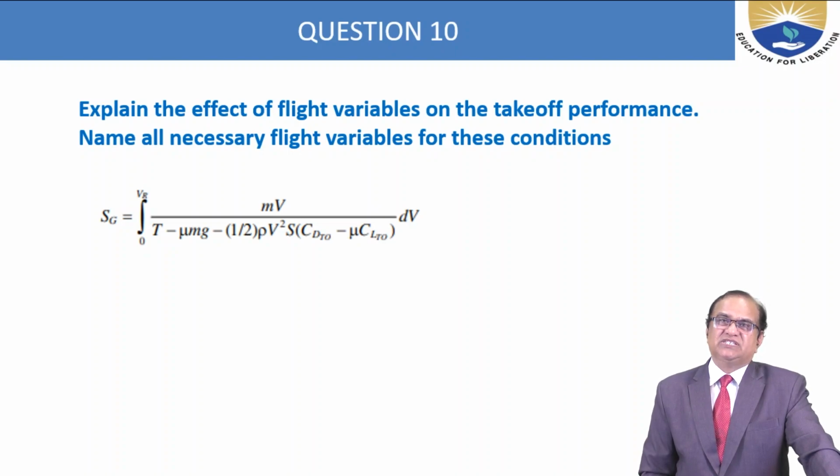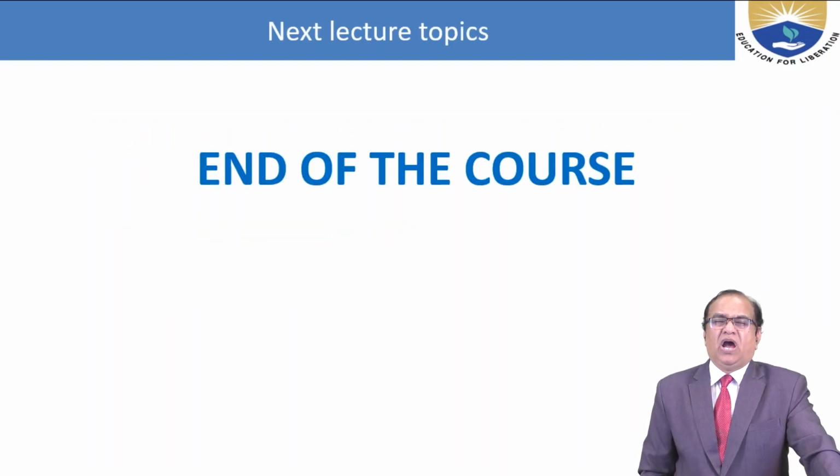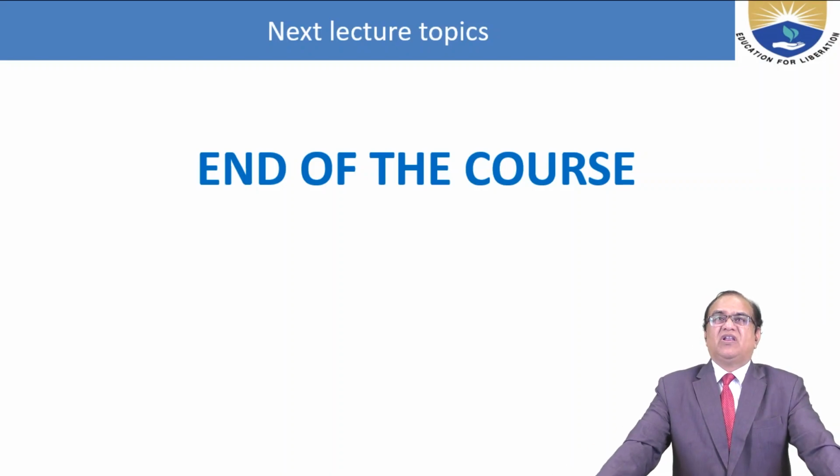Mu mg, that is the frictional force, and the drag force and the lift force are all important parameters, and as per that our ground distance will be calculated. If you have more thrust, then SG will be reduced. If you have more velocity, SG will be reduced. So like this we have to find out.